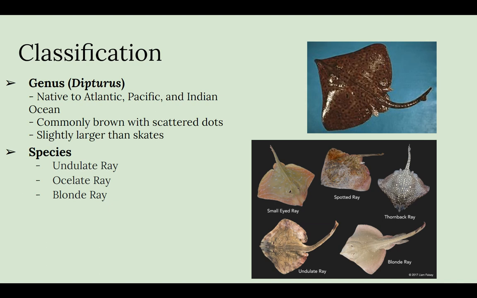They're also slightly larger, but some come in other sizes as well. Other species would be the undulate ray, ocellate ray, and blonde ray. This picture also shows a few other species that fall under the genus of skates.